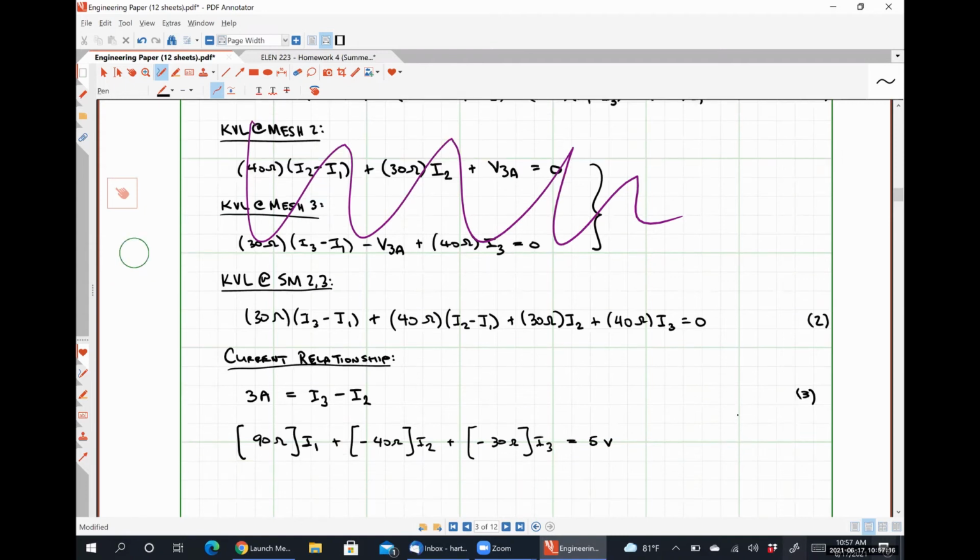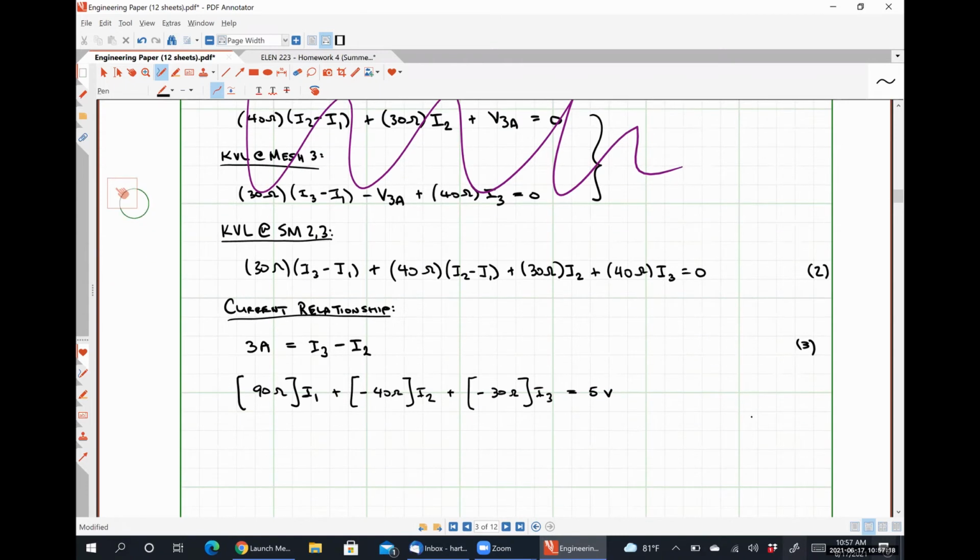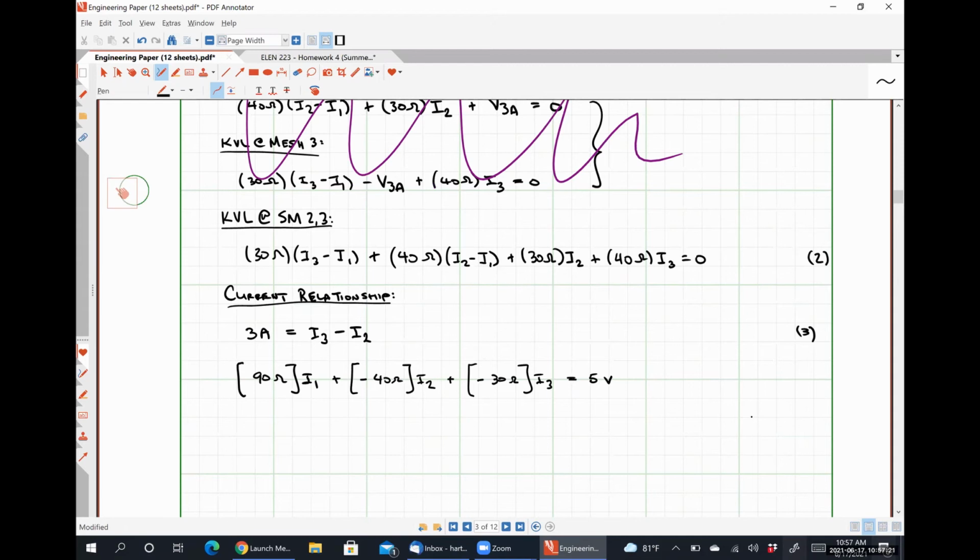Now we'll reorganize our super mesh equation. So we have negative 30 and negative 40 is negative 70 I1. 40 plus 30 is positive 70 I2. 30 plus 40 is positive 70 I3.